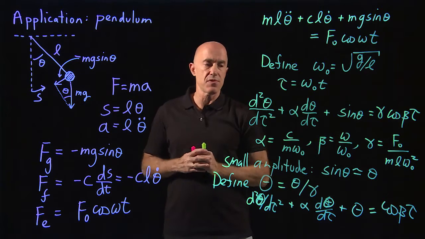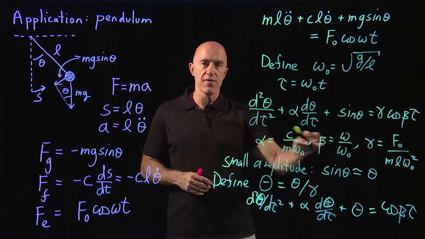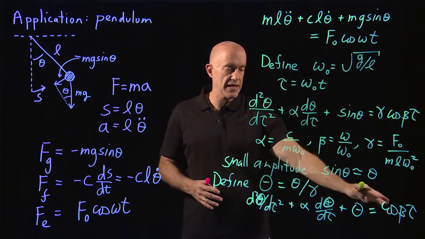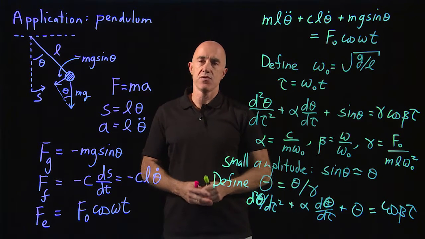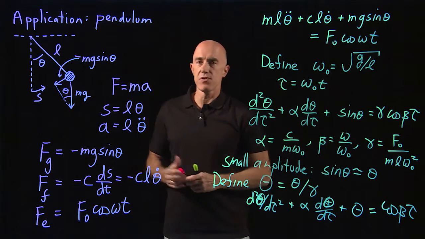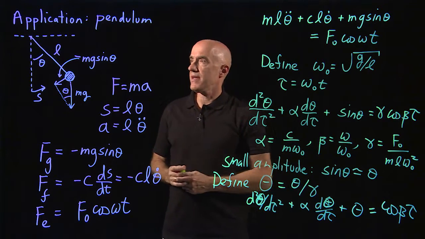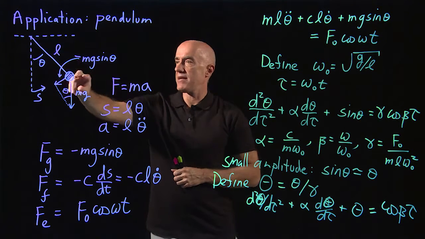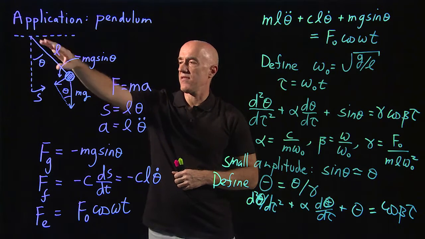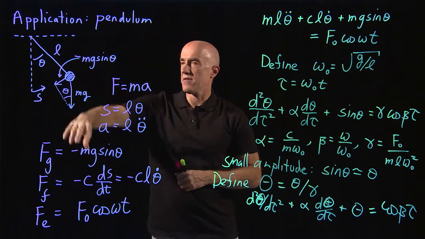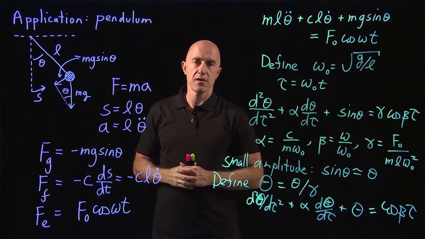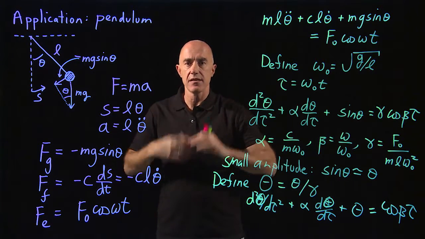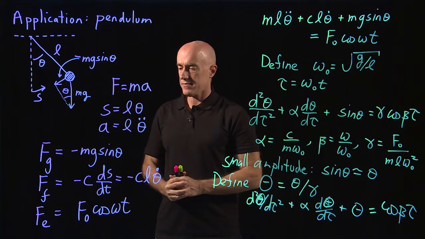So all three examples we've done, if you define the dimensionless variables appropriately, you end up with exactly the same dimensionless equation. So let me review this example. This is the application to the pendulum. We have a mass on a massless rod of length L, gravity acting on the mass, frictional force opposing the motion of the mass, and an external driving force, such as the dad pushing the child on the swing.